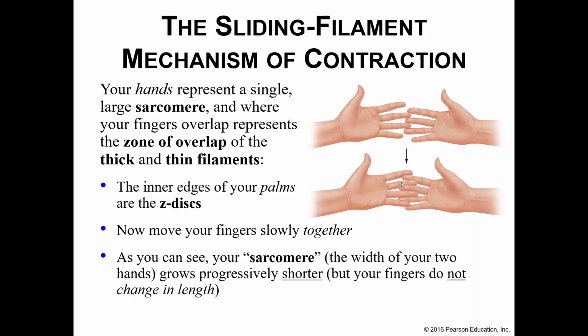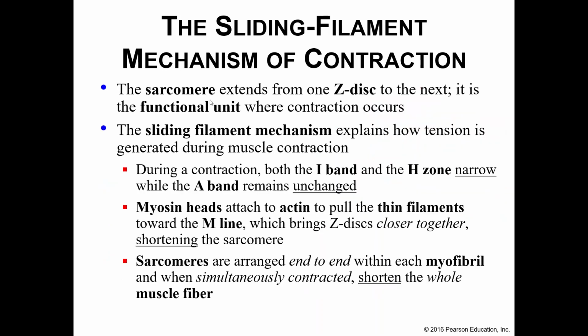These are just moving closer together. They are sliding past each other. Again, that is exactly how your sarcomeres work. So again, your sarcomere, one Z disc to the next, is the functional unit. This is where contraction happens.